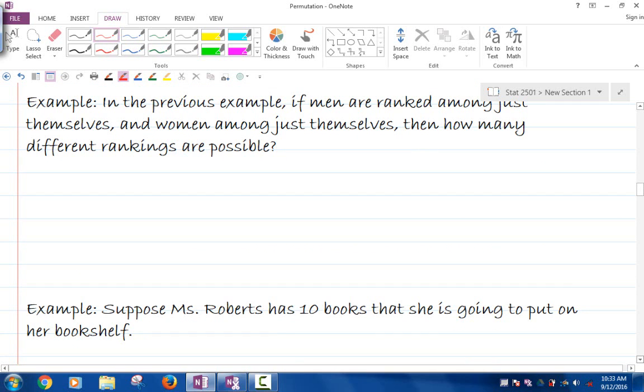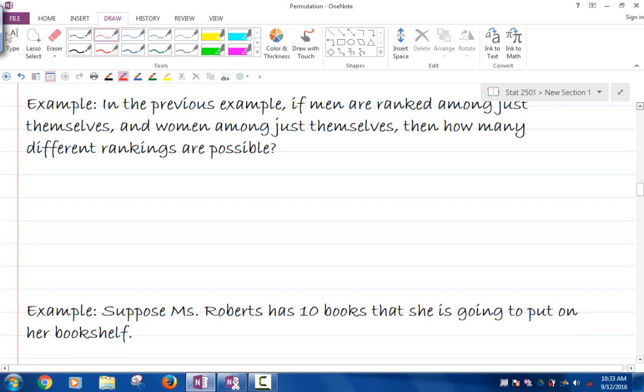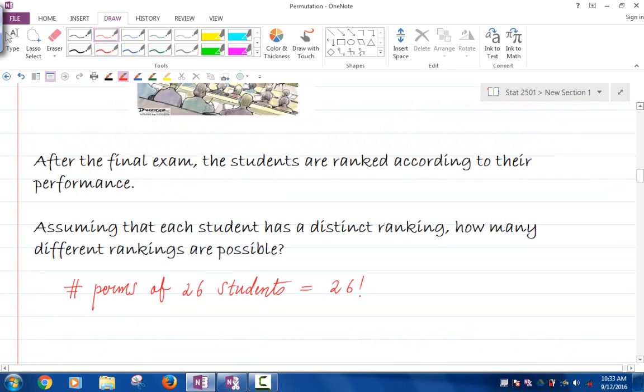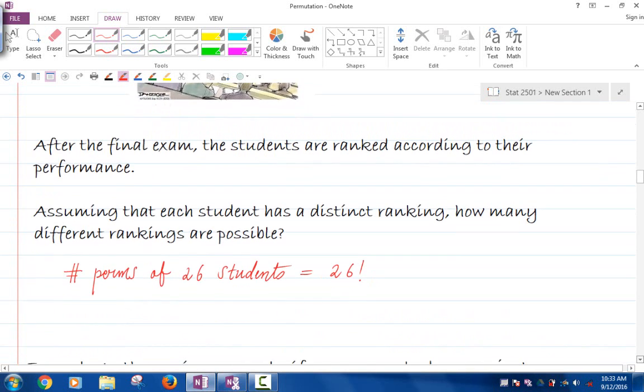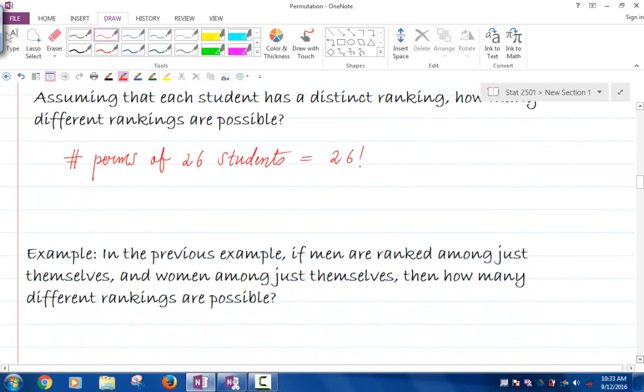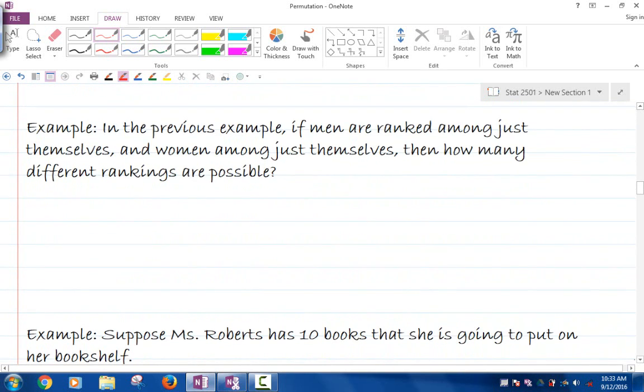Now change the question a little bit. So refer to the previous example, and now we are going to say if men are ranked among just themselves and women are among just themselves, then how many different rankings are possible? So now I'm saying that I'll be ranking the female students separately and the male students separately.